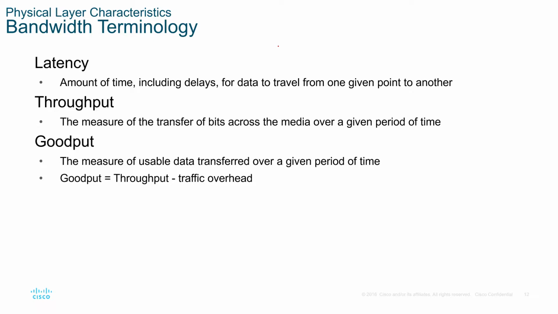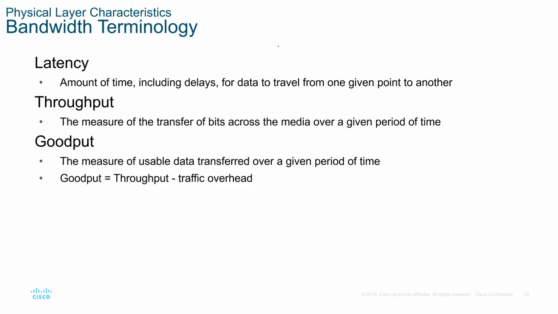The throughput is the measure of the transfer of bits across the media over a given period of time. But this includes both the data that I want to send as well as the overhead that was put on by the multiple layers of the OSI model.